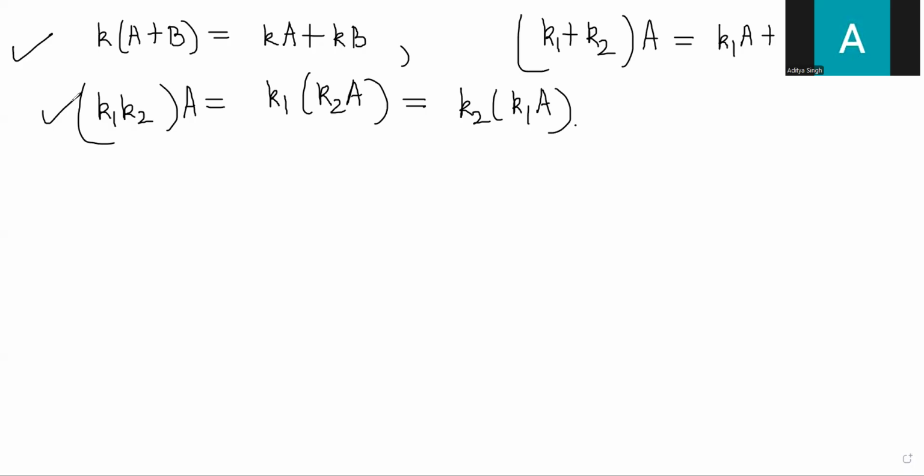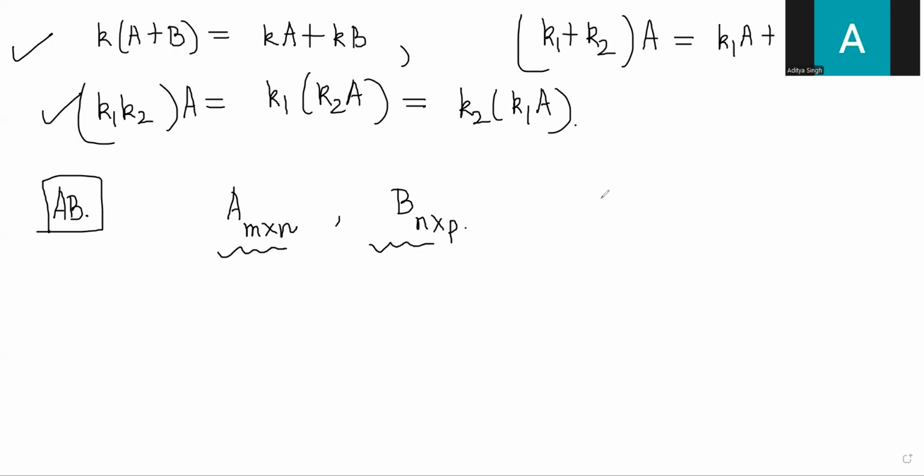Now, if you are multiplying two matrices, first of all, you need to know how to write the product of two matrices in summation form. For example, A is m cross n and B is n cross p, right? Then the product matrix AB has order what? AB has order m cross p, right? Yes.